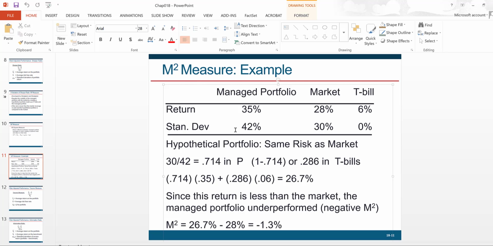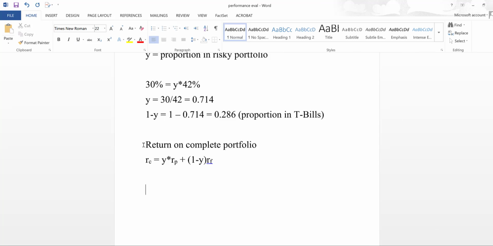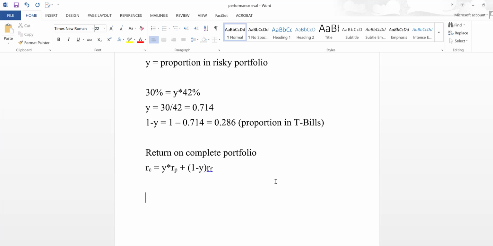So now that I have this new portfolio with the same risk as that of the benchmark, what I can do is compute the return on this new combined portfolio and compare that to the return on the benchmark, and see whether it is more or less. So the risk is the same, therefore I can just compare the return. So what is the return of this combination? Here is the formula again from chapter 5, and this is actually a general return calculation formula.